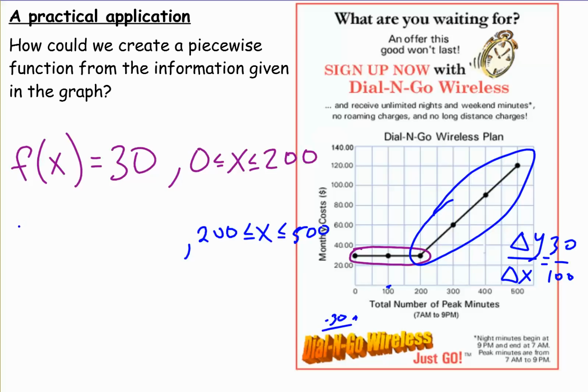So this equation is going to be f of x equals, and my slope we'll say is 0.3x minus 30. 0.3, that's 30 cents for every minute, or $30 for every 100 minutes.